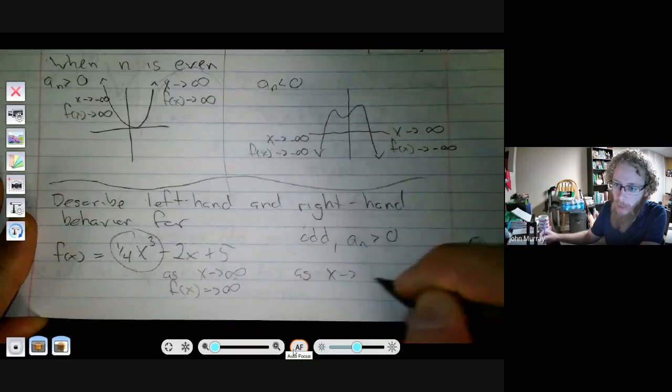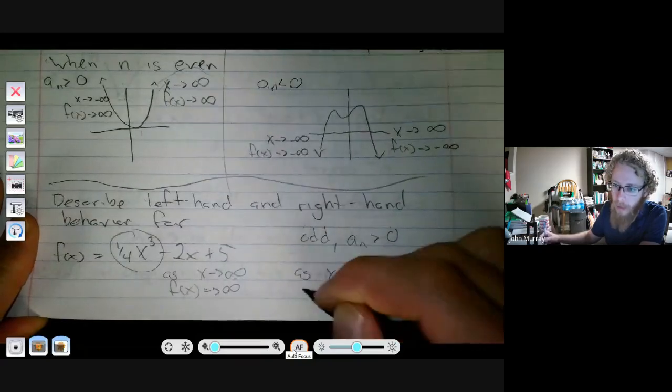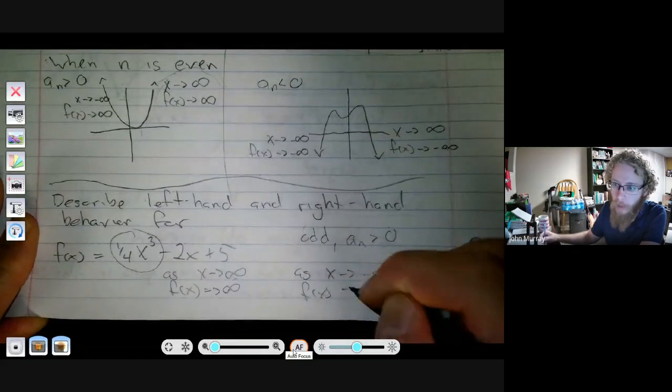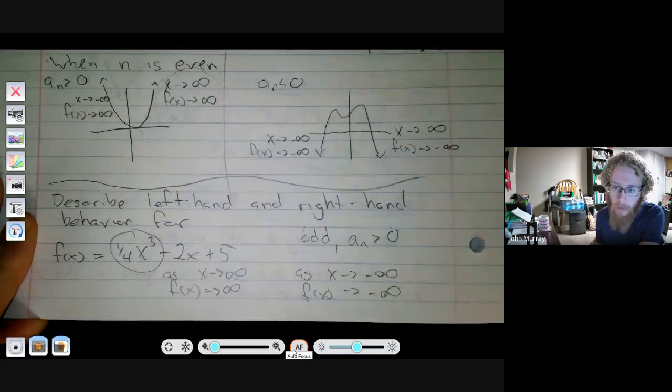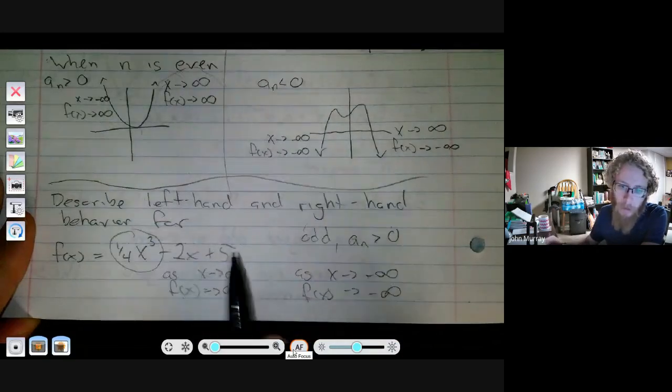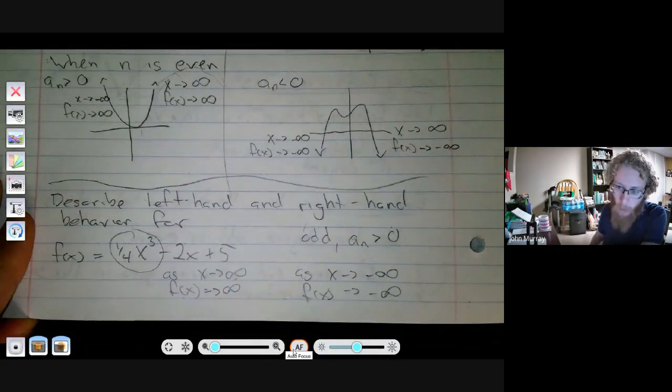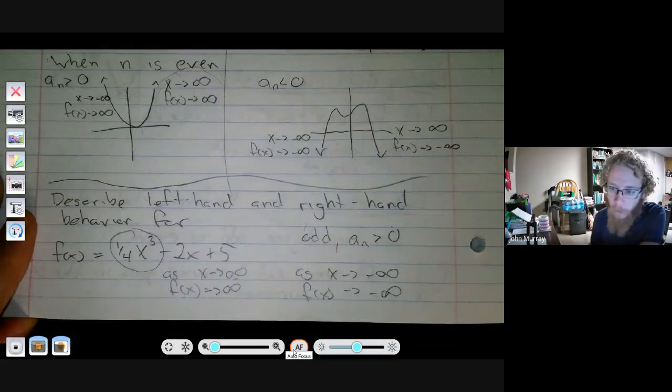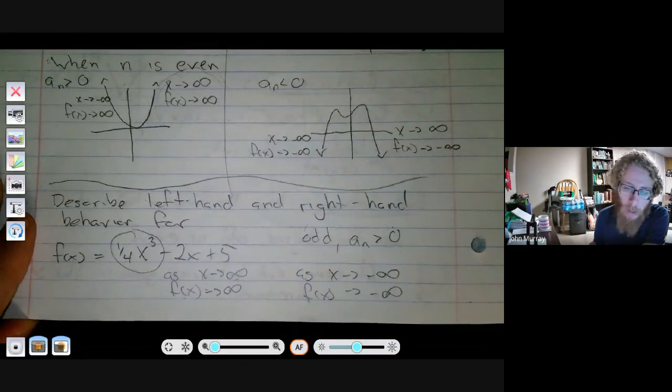As x approaches negative infinity, f of x approaches negative infinity. None of the rest really matters for now. We'll get to when we have to take that into account, but right now we're just looking at our leading term.